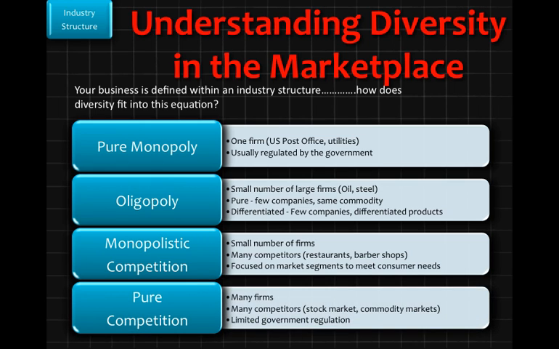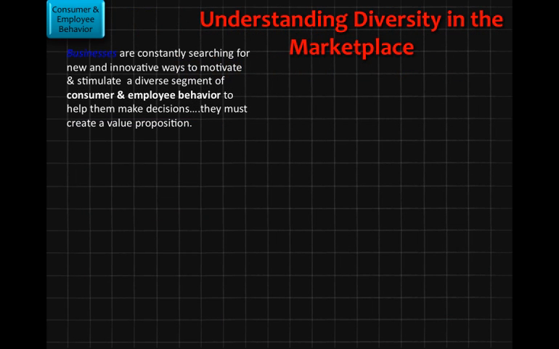So here we have a lot of firms, a lot of competitors, and then limited government intervention for the most part. So that kind of lays out the industry structure. And so the question you should start asking yourself at this point is, how does diversity fit into this particular equation?